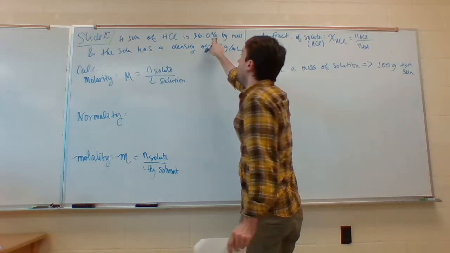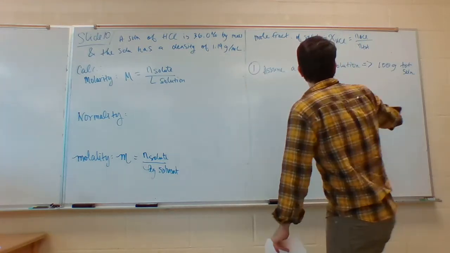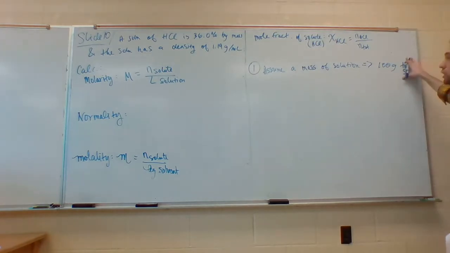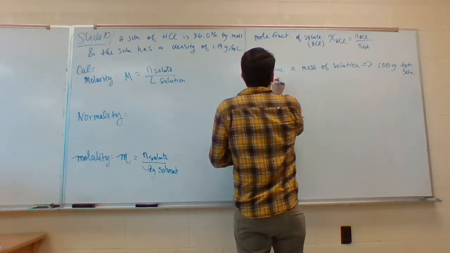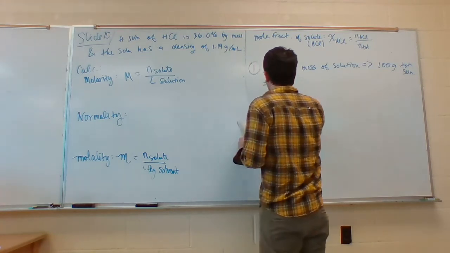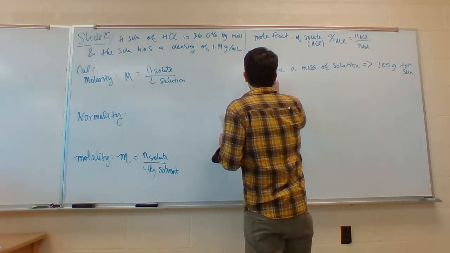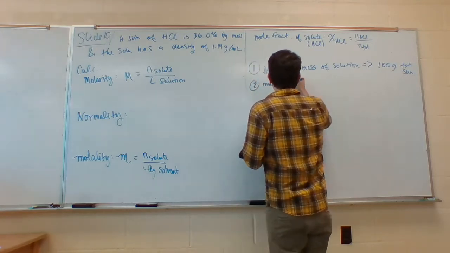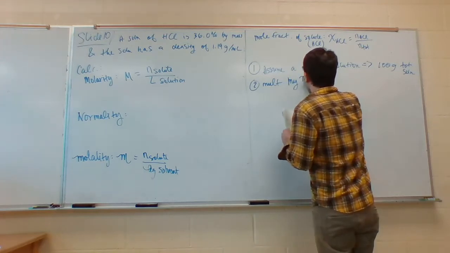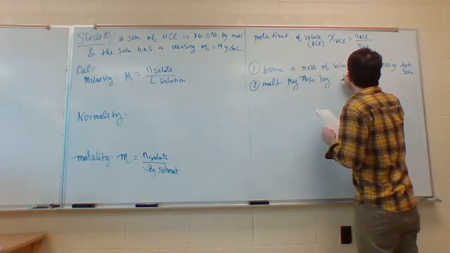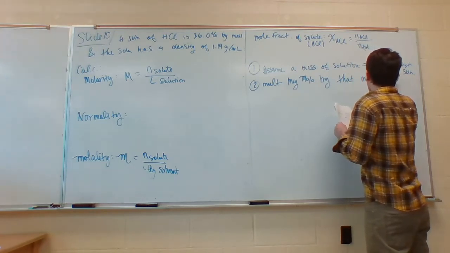Now we have 36% by mass. That means that 36% of this total solution is HCl. So for step 2, I'm going to multiply my mass percent by that mass.